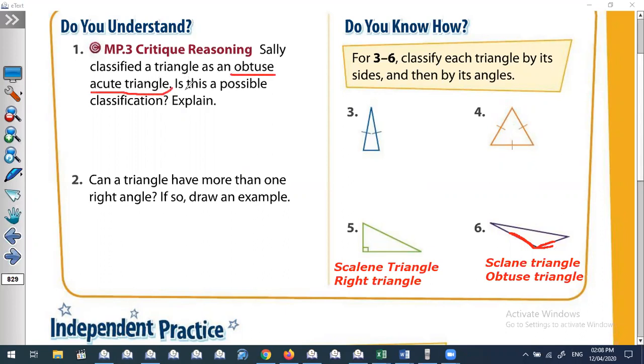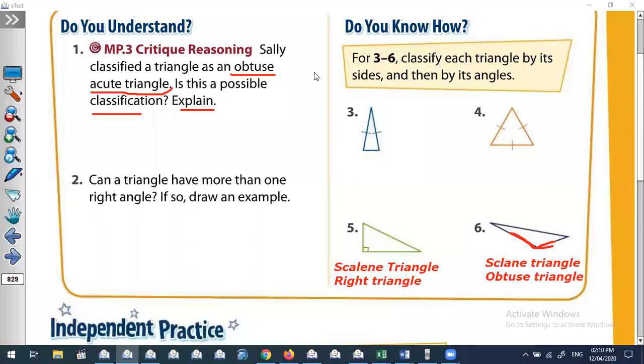acute triangle. Is this possible? Classification, explain. Yes, it's possible because the obtuse triangle has two acute angles, and also the right triangle has two acute angles.